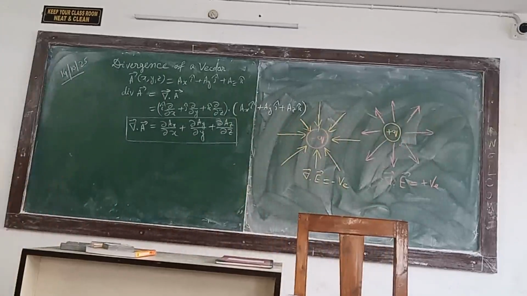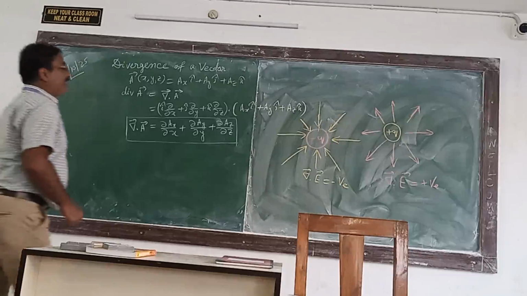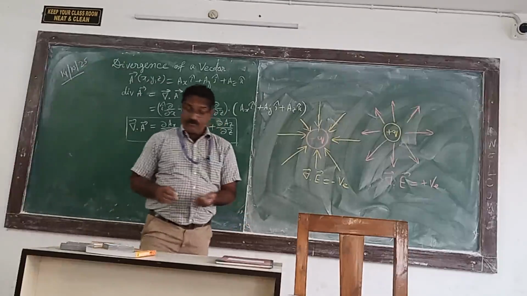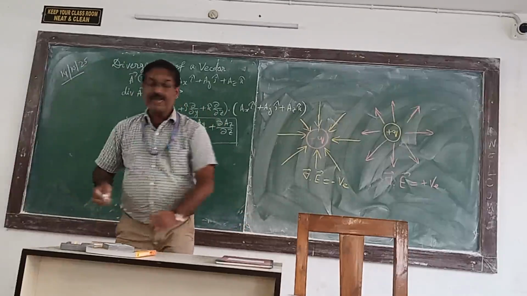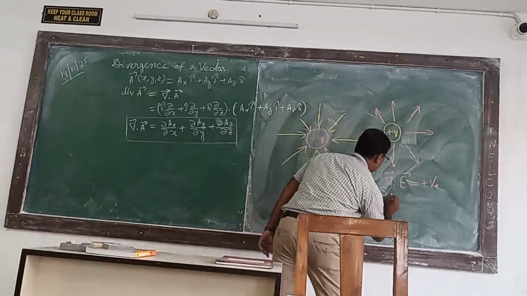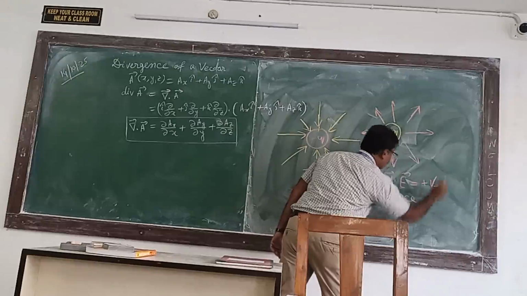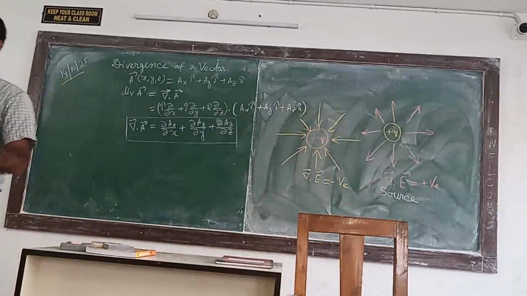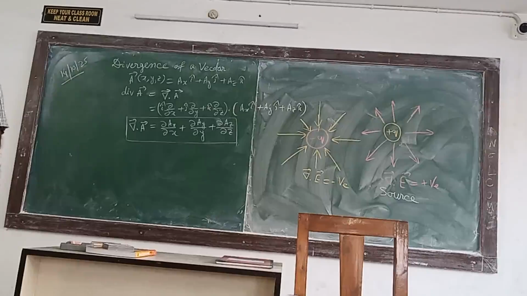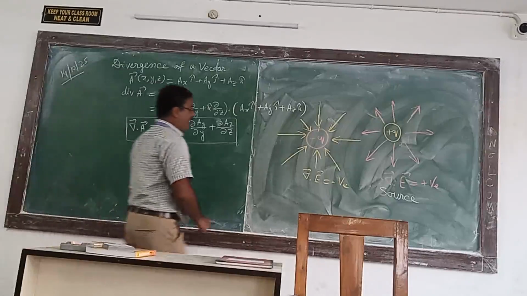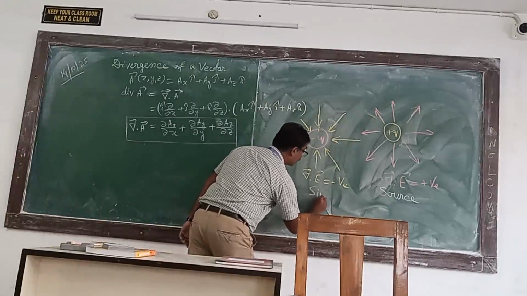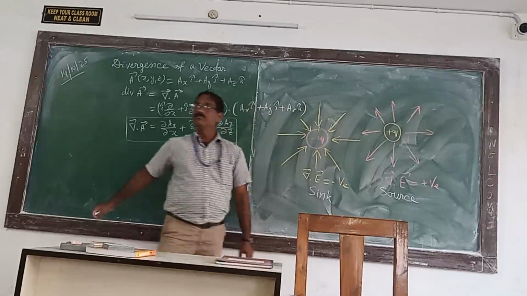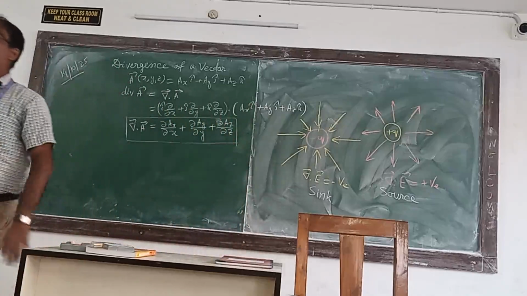If the divergence of E is positive, then we say that is the source. Source of electric field, source of water, source of gravitational field, anything, because it is coming out from a source. And if the divergence of E is negative, then that is called a sink. Think of a water tank.